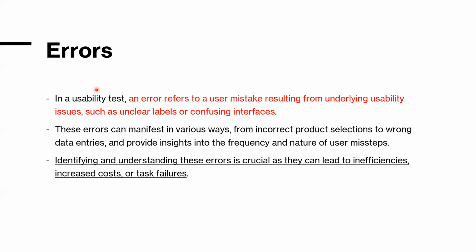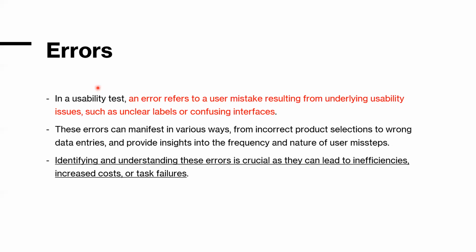Of course, you need to look into what exactly the user made a mistake on. For example, they key in the wrong information, select the wrong navigation, click on the wrong button, or maybe they cannot read the label clearly. So these are all inefficiencies that can impact the user's experience.